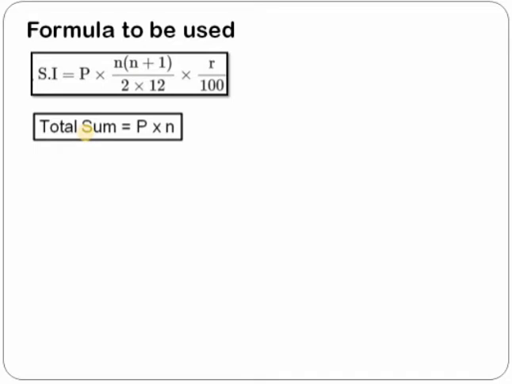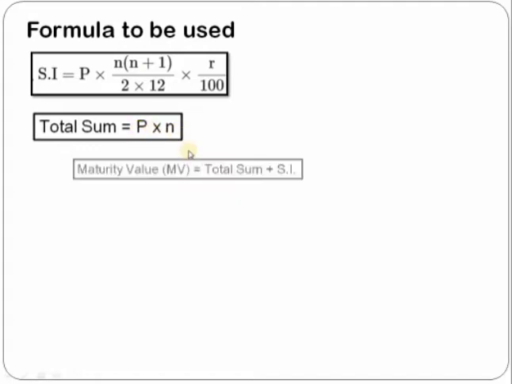So after 15 months, how much money will be deposited by you? It will be 15,000, isn't it? How did you get that 15,000? You multiplied the monthly installment, that is 1000, by the number of months, that is 15. So 1000 into 15 is 15,000. So the total sum is obtained using this formula: monthly installment into the number of months.